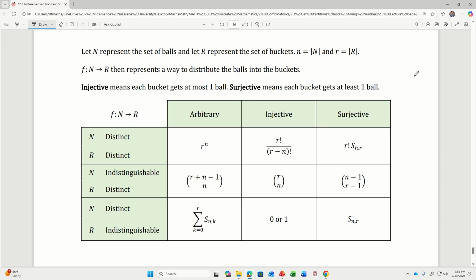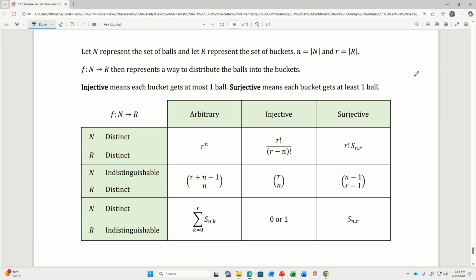What does injective mean? We talked about the word injective before. Injective means every bucket gets at most one ball. Surjective means that every bucket gets at least one ball. What we're doing is counting functions, or mappings, that map the set of balls to the set of buckets.